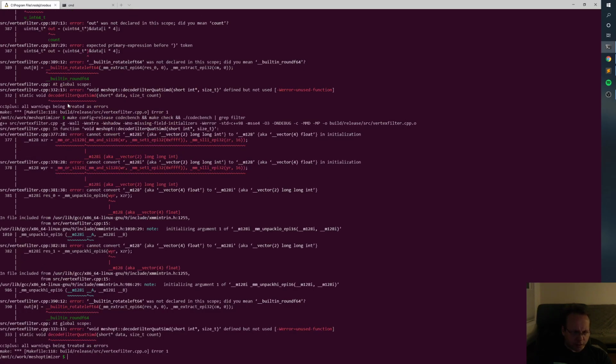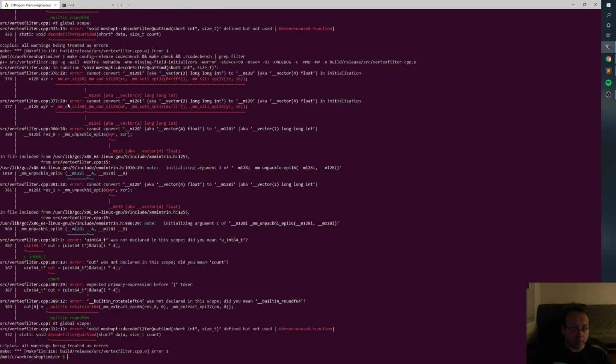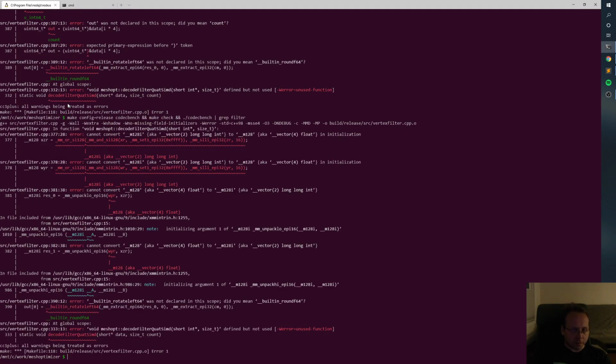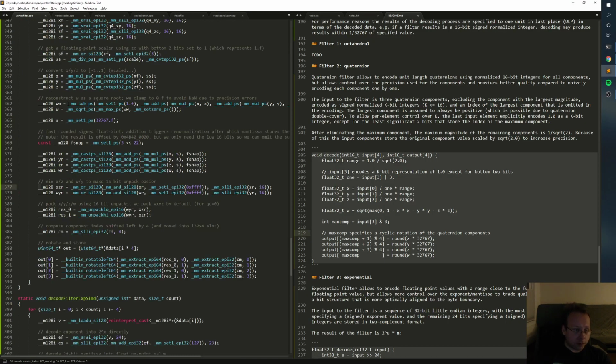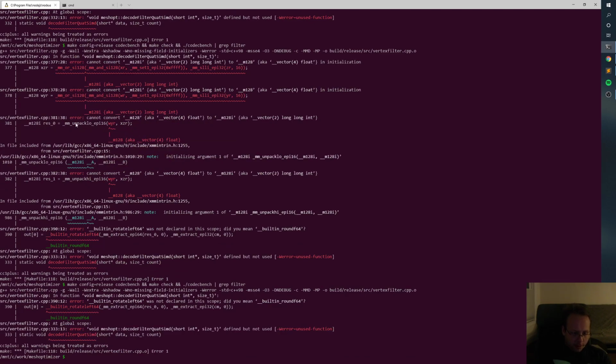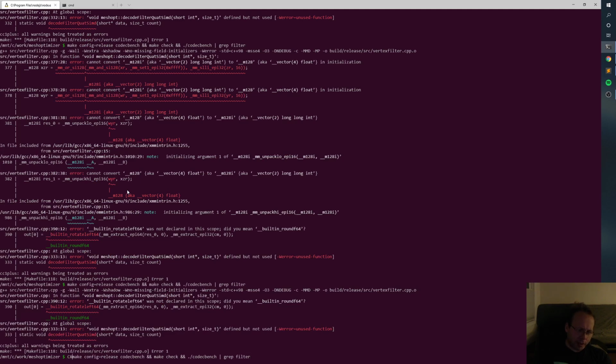Why do I need... I'm a bit confused though. Oh, built-in rotate left doesn't... No, it doesn't... Okay, whatever. Clang has this, right?